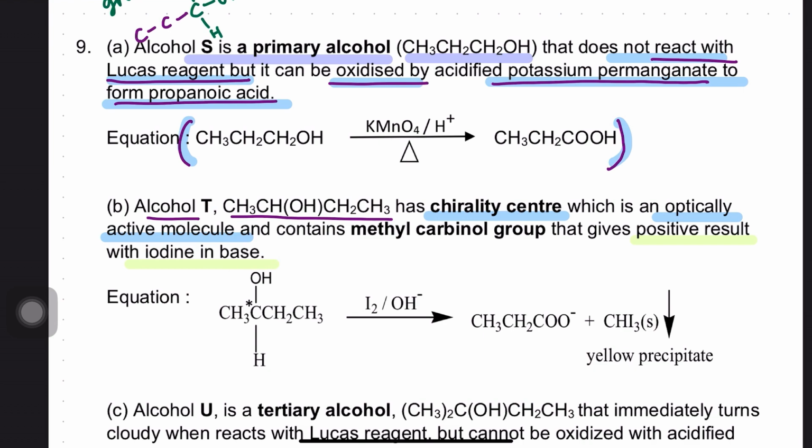That means it has got a methyl carbinol group. Okay, and the equation is this. If you can include the equation, that's great. That's really great because it clearly shows you understand the reactions that are mentioned in the question.